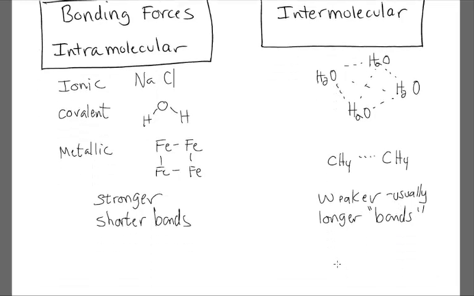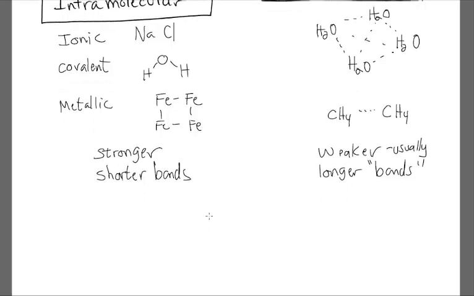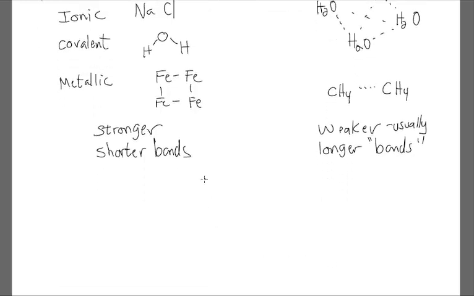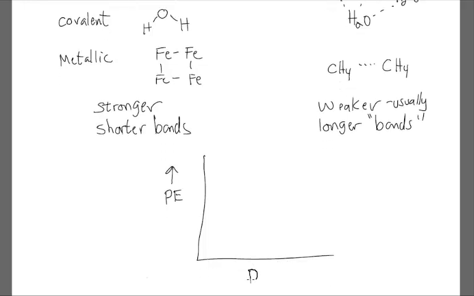Okay, so look at that on a potential energy curve, and we've looked at where we have potential energy going up on this axis, and the x-axis is distance between nuclei.